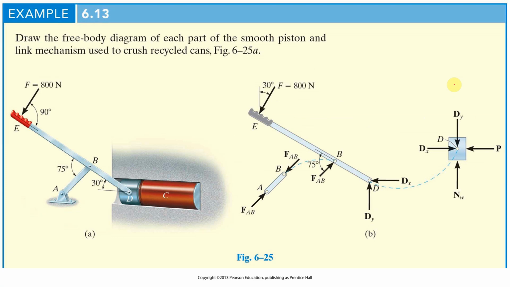Okay, now little trickier. Two-force member makes it easier. So we have 800 newtons. You'll notice this is 30. So we have 30 degrees here from the horizontal.